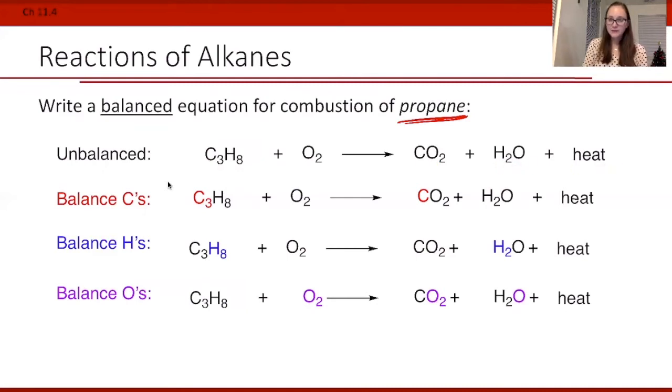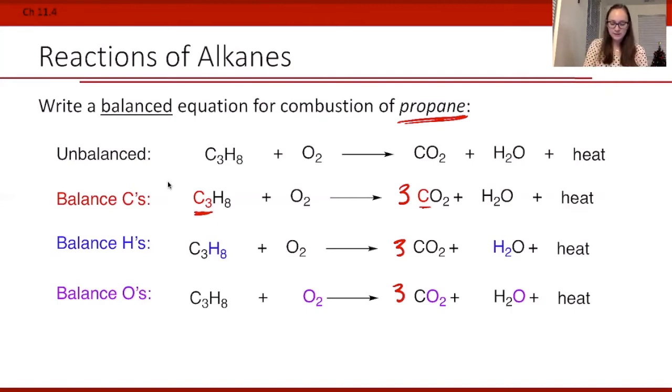Then our first step is to balance our carbons. In the first half of the equation, we have 3 carbons, but over here we only have 1. So we need to put a coefficient of 3 in front of CO2 to make those balanced. You don't have to rewrite the equation like this every time, but because I did to show you these steps, I'm going to pull down this 3 for the rest of the equations.